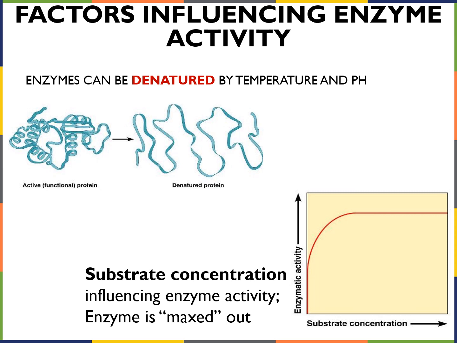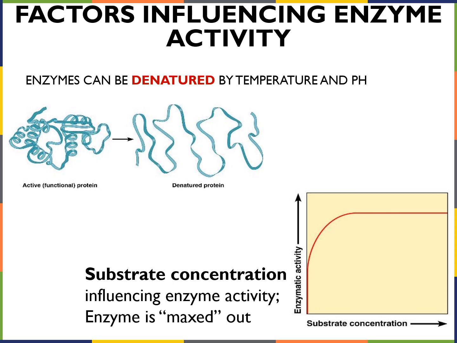Well, a common factor that influences enzyme activity is temperature, mainly heat. When you add heat to an active functional protein, that heat breaks all the bonds that are holding that protein together. That protein will unravel to the denatured form of the protein.